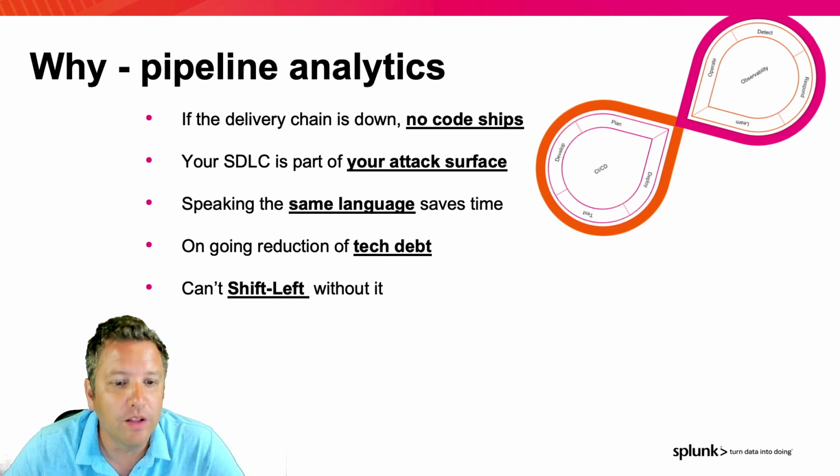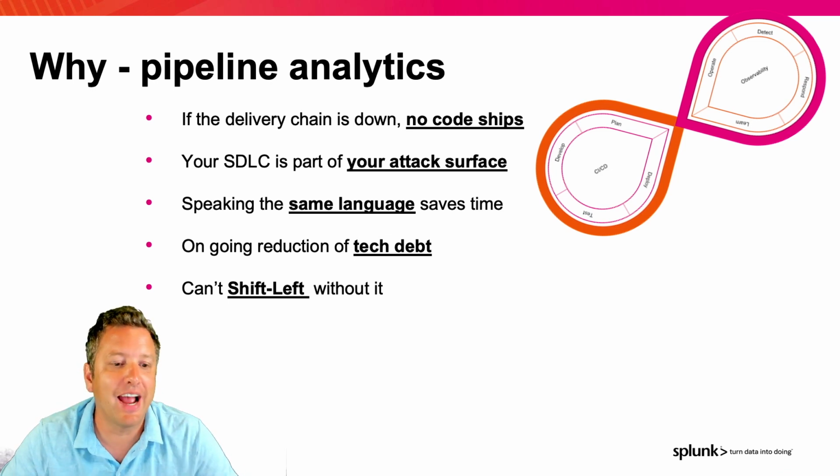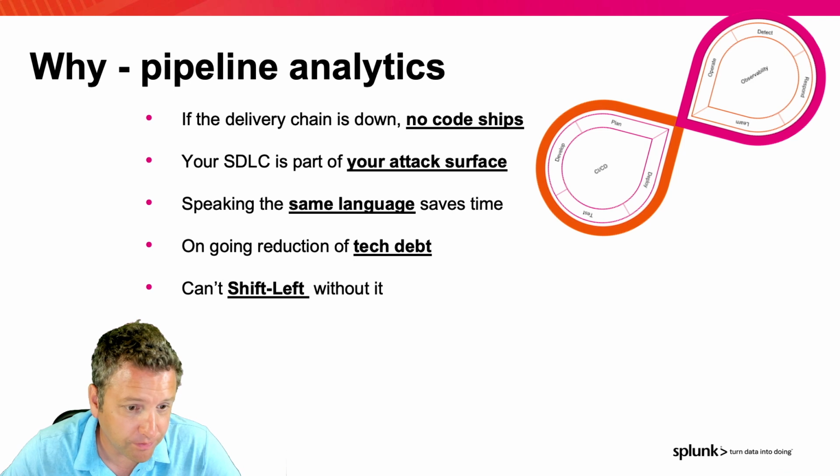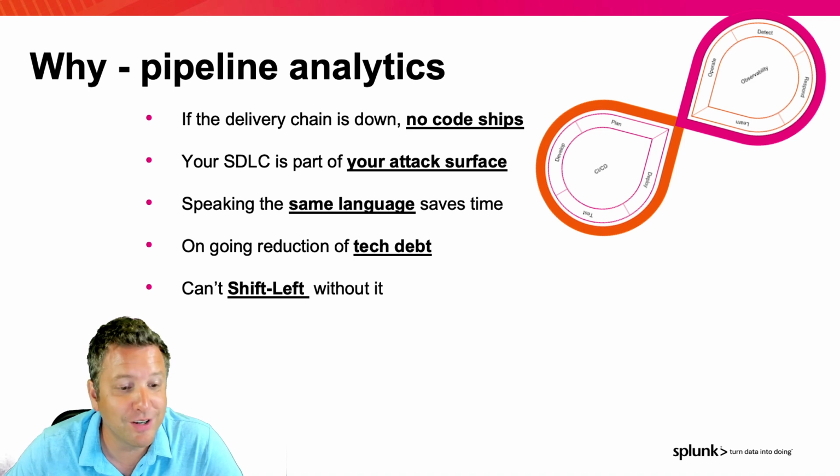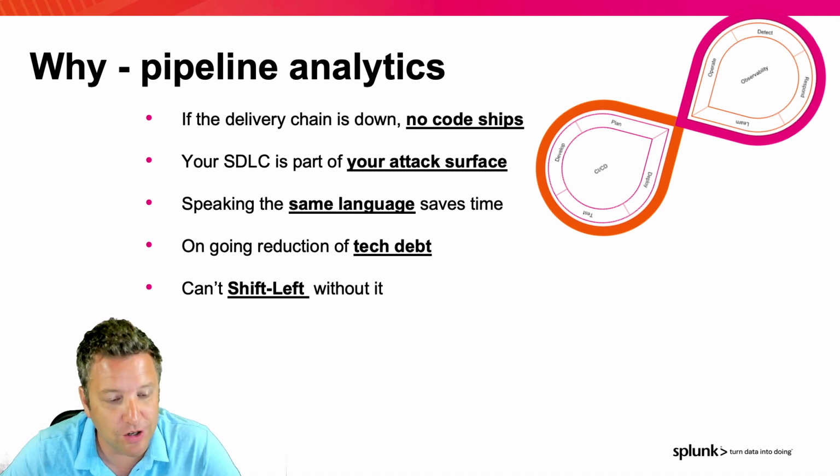So why are we looking so heavily at this idea of pipeline analytics? Well, first of all, if your delivery chain is not functioning as it should be, code doesn't ship, everything stops. Your software delivery chain, and this is the primary focus of this talk, is a part of your enterprise attack surface.